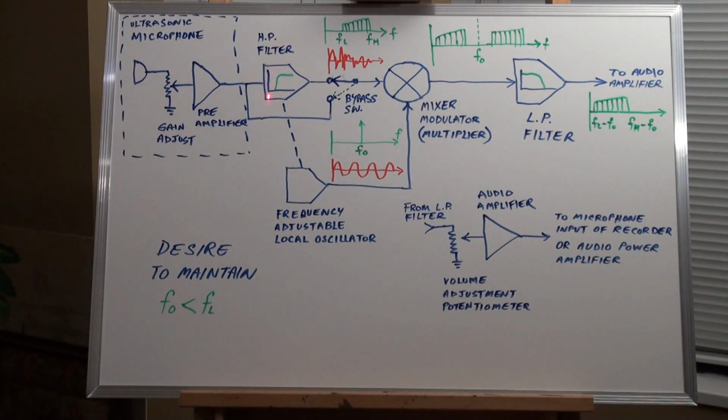I've added the high pass filter and perhaps a bypass switch where we can switch quickly from direct output from the microphone to output from the high pass filter, and to see if there is really a difference in filtering out the audible frequencies before passing them to the mixer modulator. Okay, so that about wraps up the block diagram, and now we'll move on and start looking at the actual hardware circuit components.